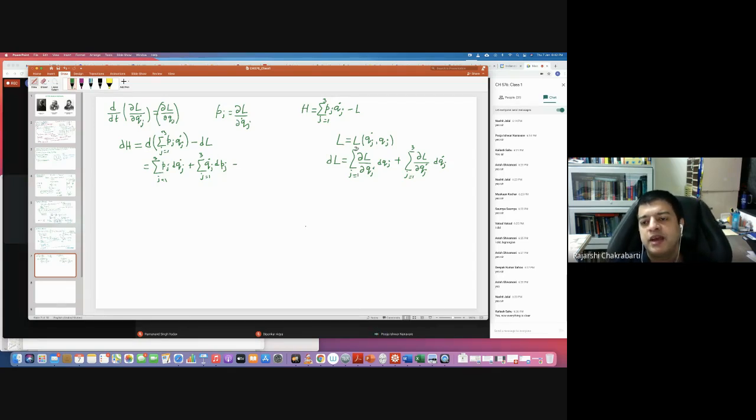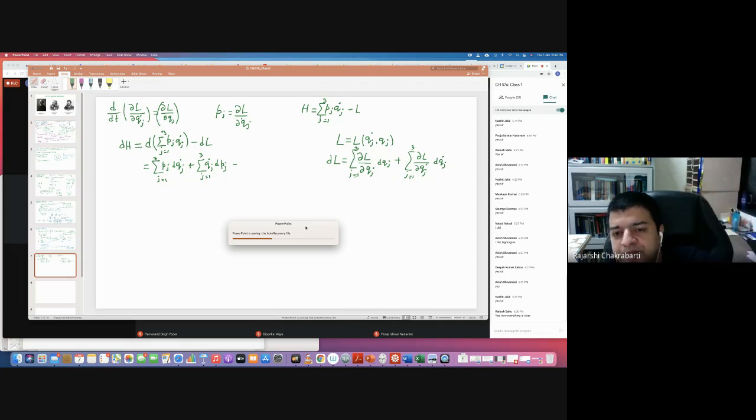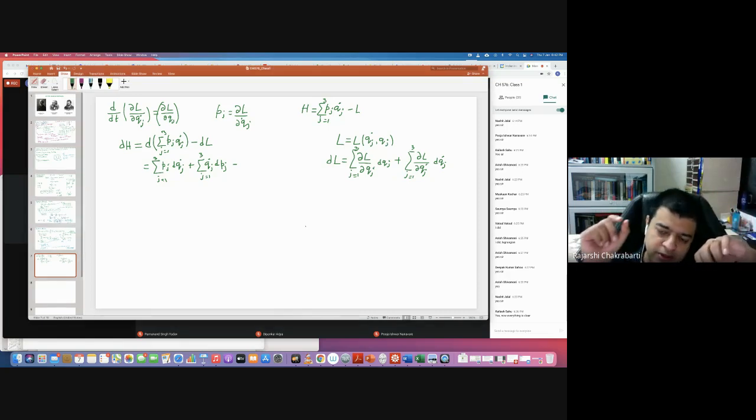This is from calculus. A function of, say, x and y has a differential given by the derivative of the function with respect to y times the small change in y, plus the derivative with respect to x times the small change in x, like this, isn't it? It's a multivariable function. So basically this thing will come here.